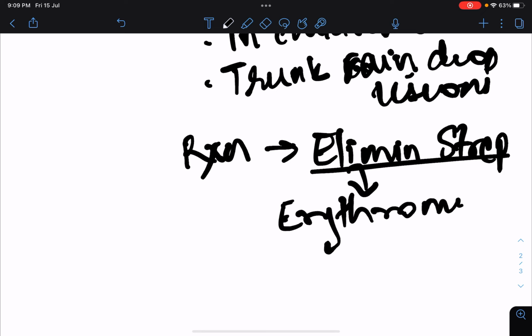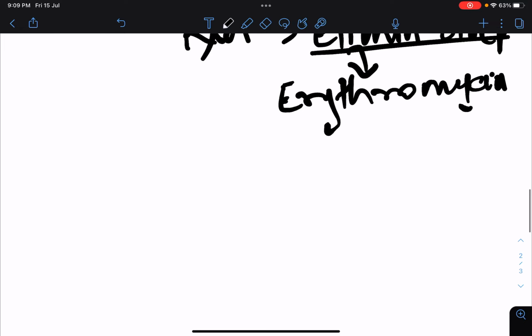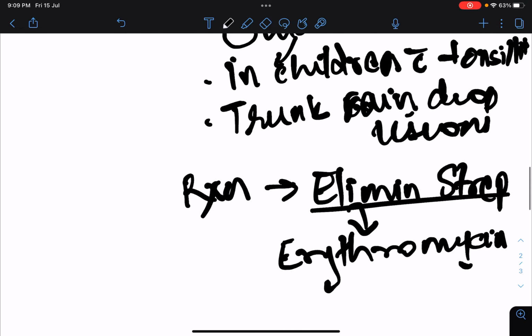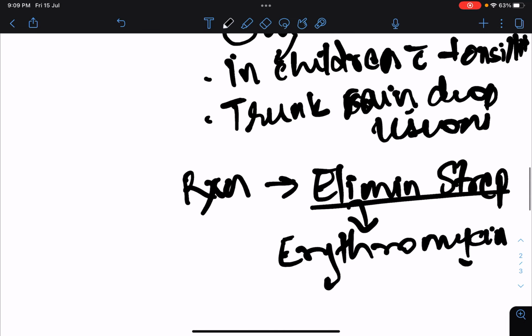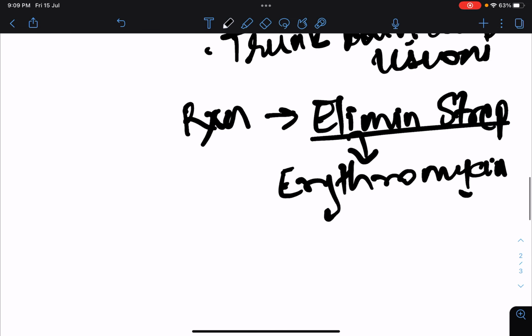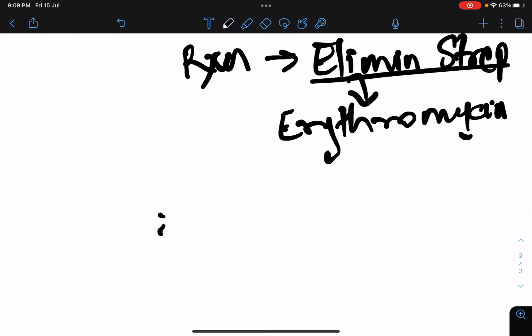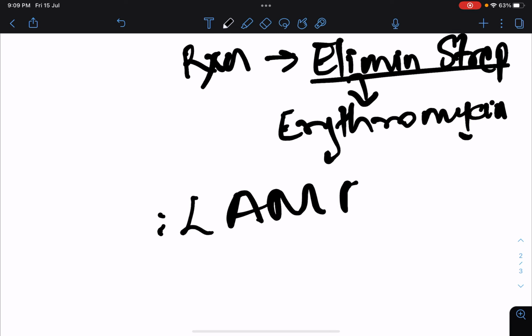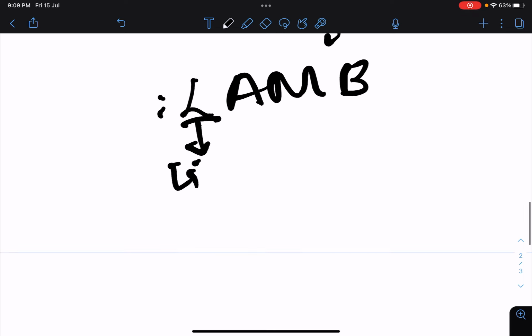Would you go for any other antibiotic? Probably you could go for any other antibiotic, but obviously you need to be careful of the drugs which could cause this particular disorder, which you should keep in mind, and which I remember as LAMB. L is for lithium, which is an antipsychotic.